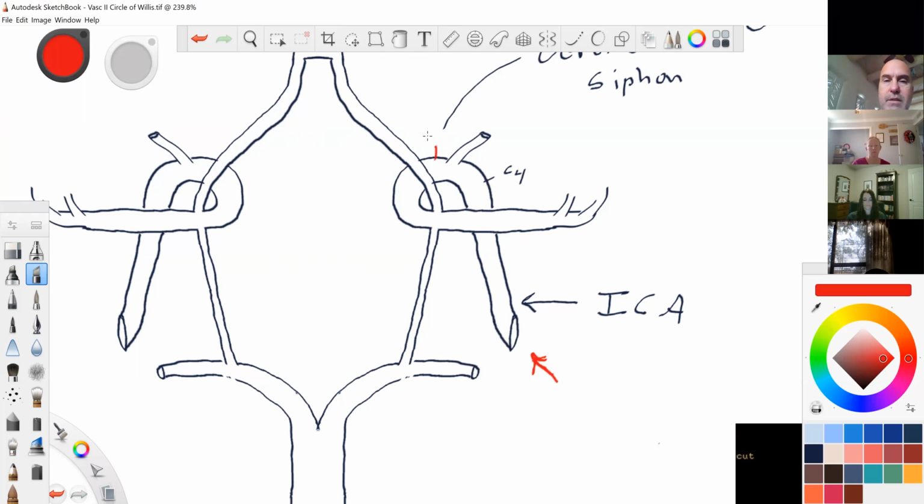As we come around, C3, C2, and then C1. So that's getting a little bit overly ambitious on our anatomy.